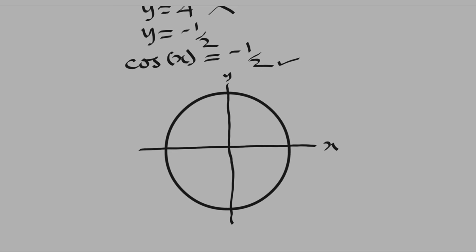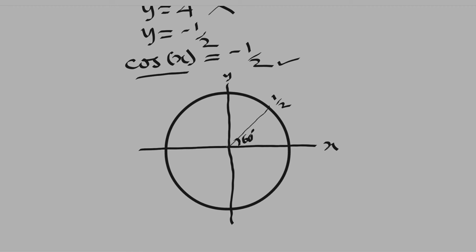If it is positive, cosine x is either in the first quadrant or in the fourth quadrant. And cos of 60 degrees is equal to 1 over 2 in the first quadrant. So if this is 60 degrees, this is 1 over 2 positive. That is the value of cos 60 degrees.